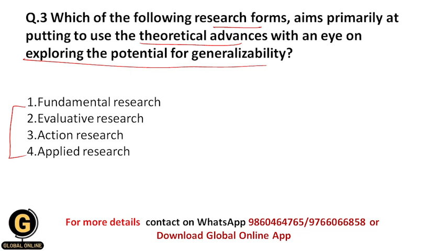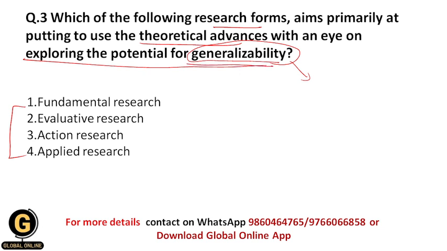Among these research options, which is the research type which primarily aims to use the theoretical advances which are already there, and as well our aim is to explore the potential for generalizability. So basically students, generalizability is nothing but we are going to generalize the results of our solution to other real situations. This is called generalizability.